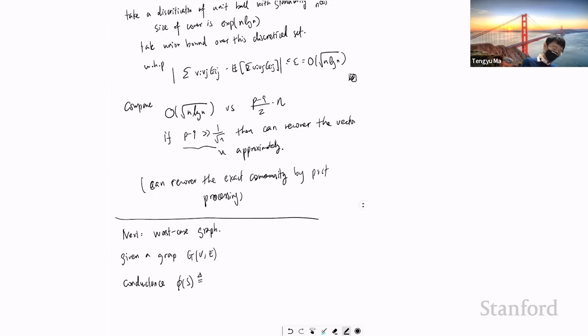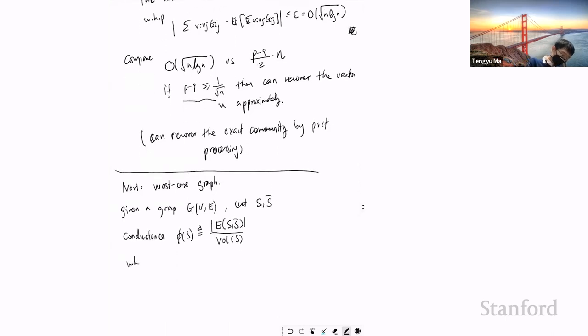So the conductance for a graph: suppose you have a cut, called S and S bar. You cut the graph into two parts, S and S bar. And the conductance of S is defined to be the following. You have the number of edges between S and S bar over the volume of S. Let's define both of these more clearly.